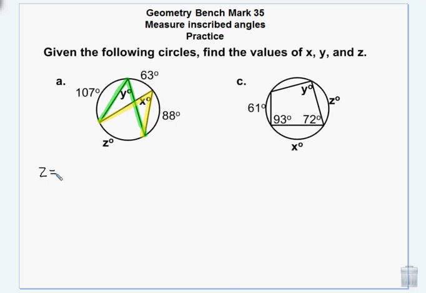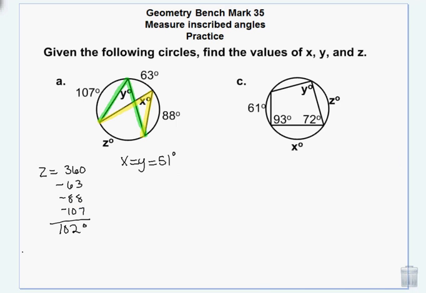And Z is 360 minus 63 and 88 and 107, which I don't feel like doing in my head. So 102, which makes X and Y 51 each.